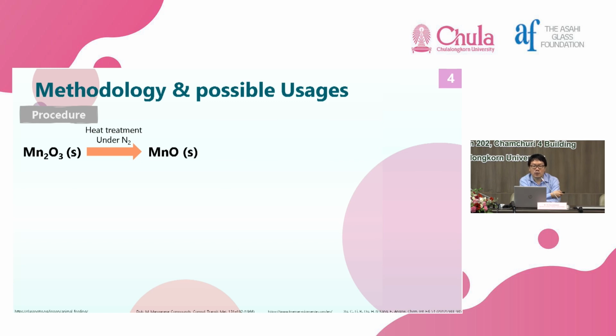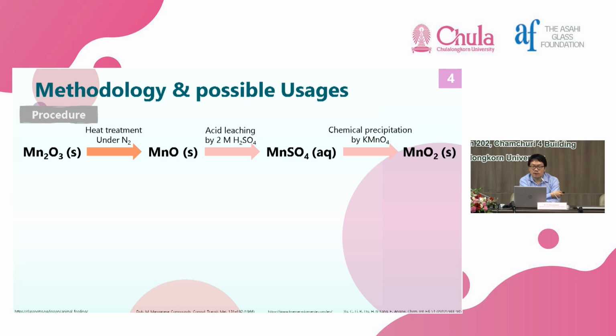Then this manganese 2 oxide is converted by acid leaching, or simply dissolved, to form manganese sulfate. And then the manganese sulfate is reacted with potassium permanganate by chemical precipitation to form solid manganese dioxide again.